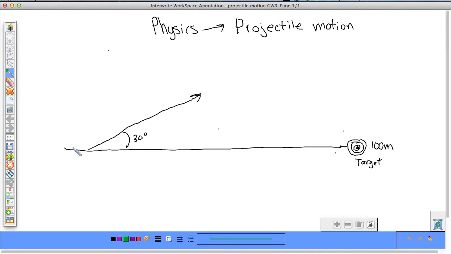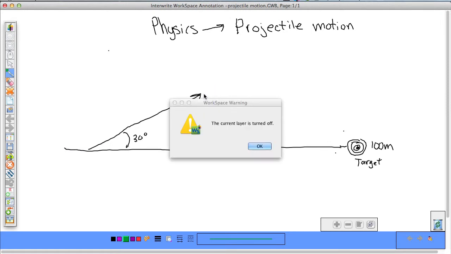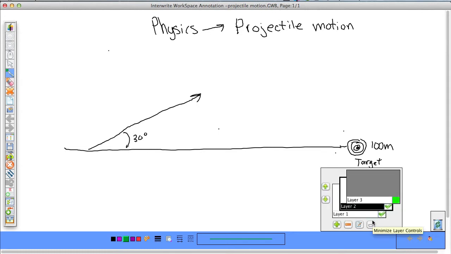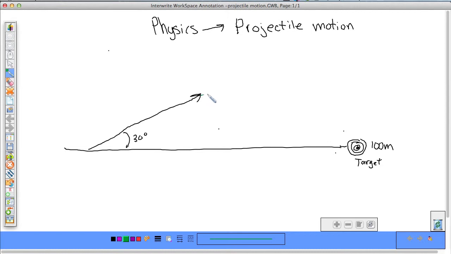But when you chuck something into the air, it creates a path which goes like this, and that path is always an arc like this.